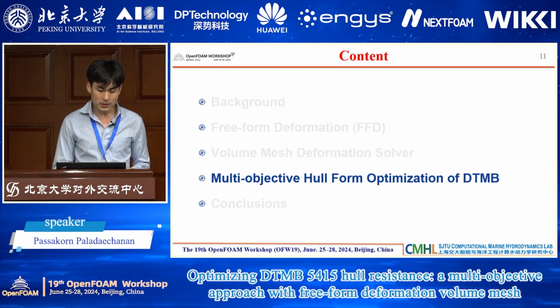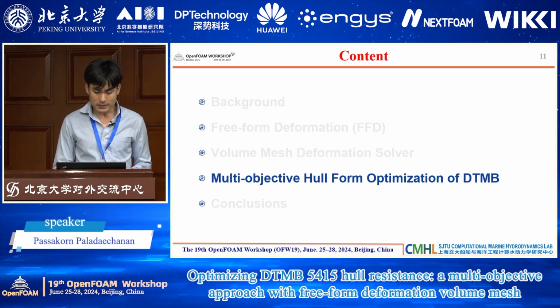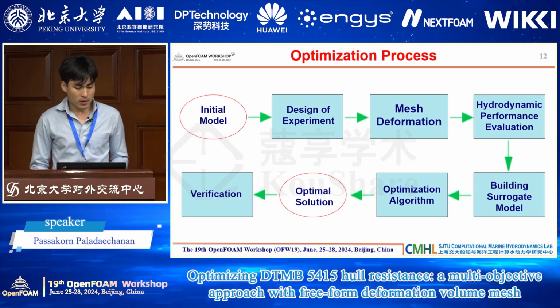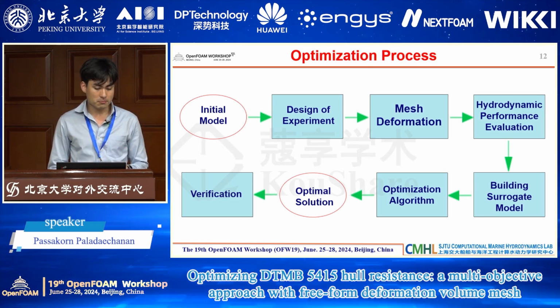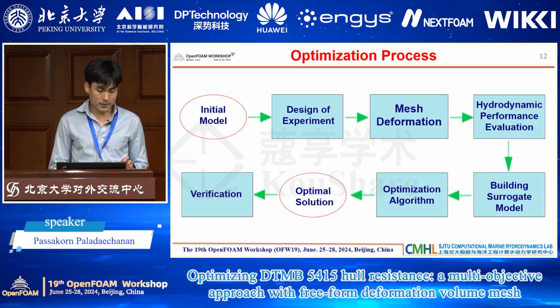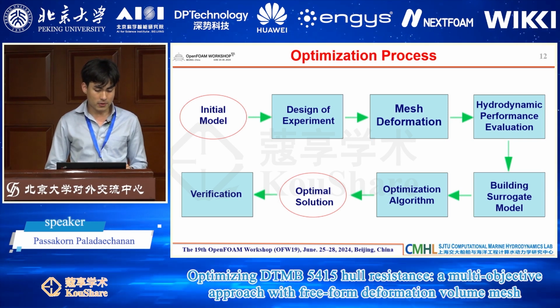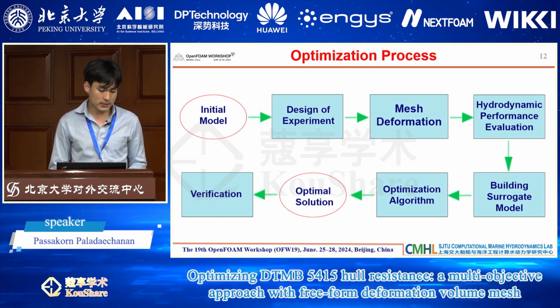About the multi-objective hull optimization of this DTMB, first let me introduce the optimization process. First we have the initial model. The study is a DTMB, and after that we create a design of experiment.